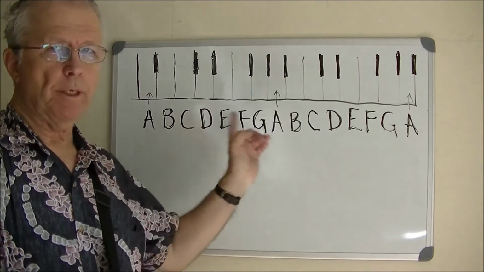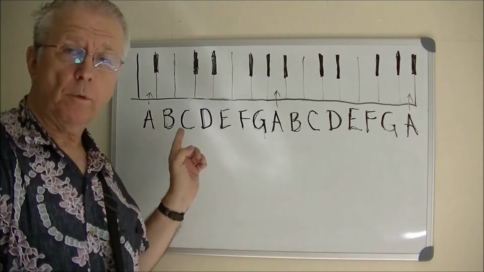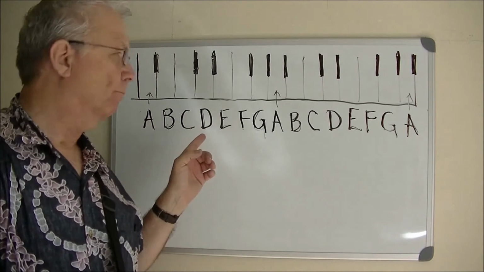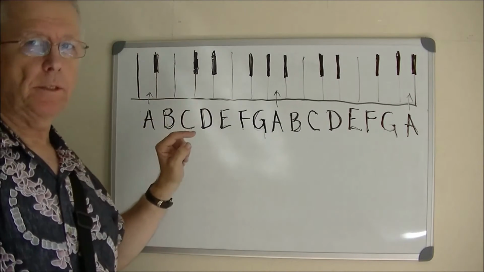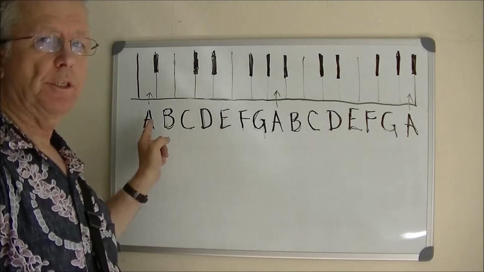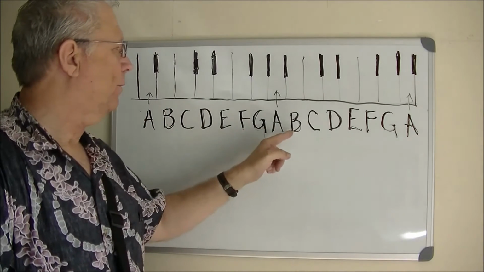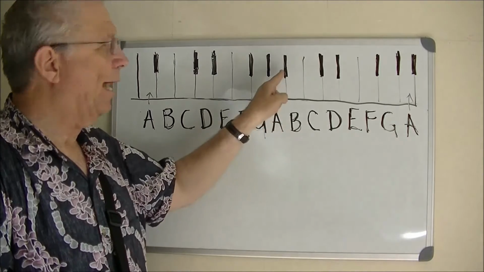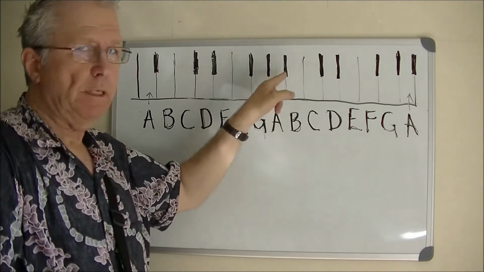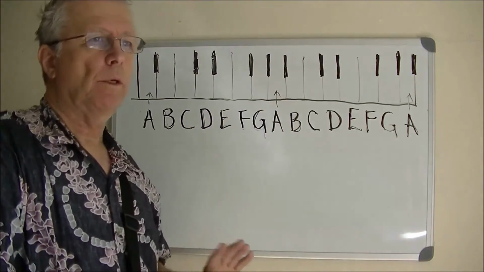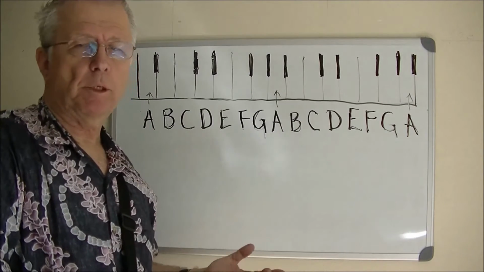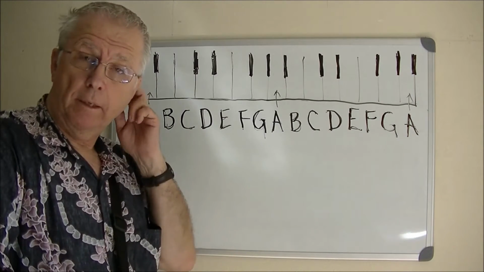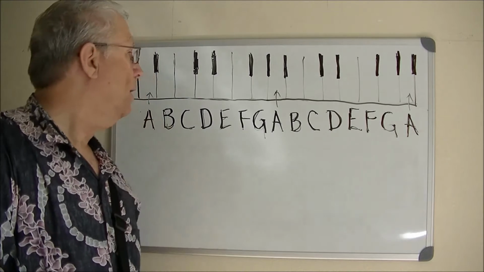That's right, the alphabet corresponds to the white keys on the piano. There are also some black keys that fill in the gaps between notes such as A and B. Right here, between them, there's a black key, and that black key could be named B flat or A sharp. We're not talking about that subject right now, so just file it away if you're not already aware of it.